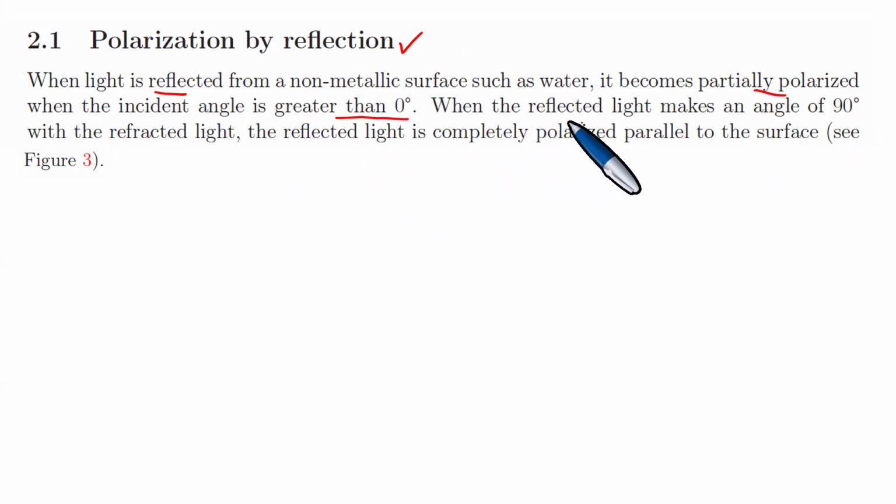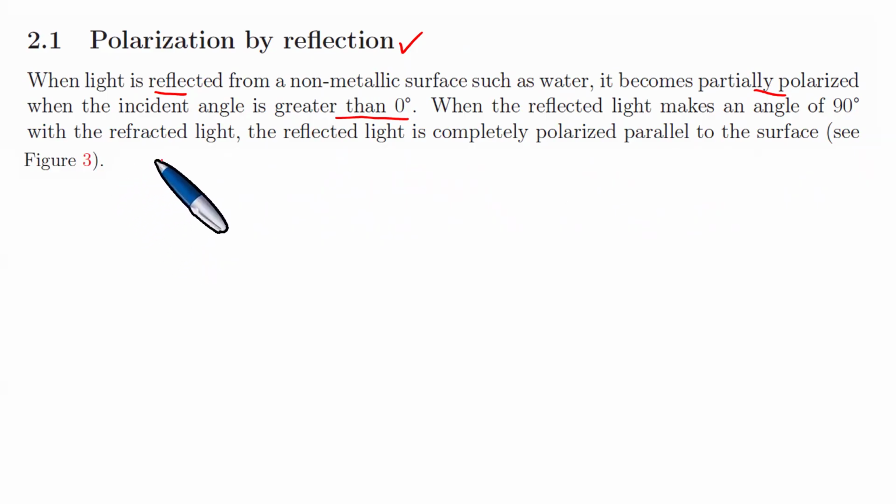When the reflected light makes an angle of 90 degrees with the refracted light, the reflected light is completely polarized parallel to the surface. See figure 3.